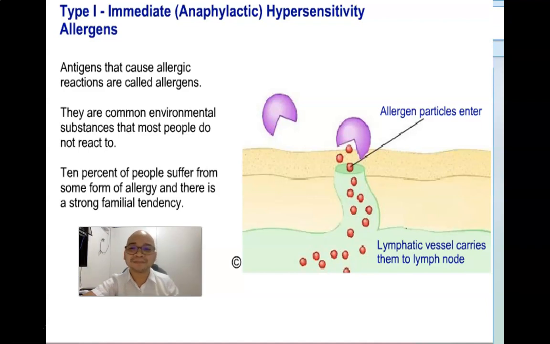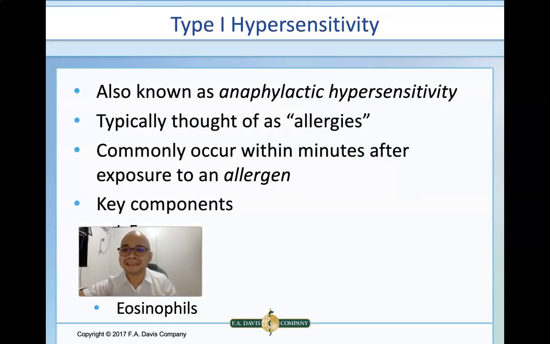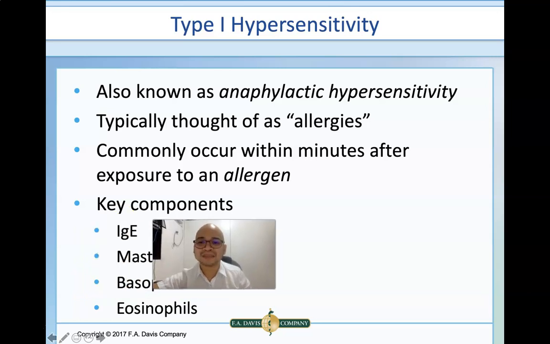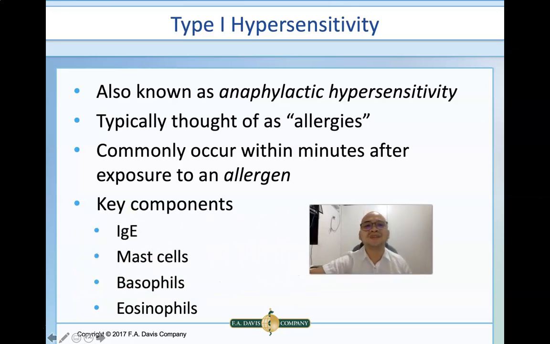So type 1 hypersensitivity reaction, as I told you, is also known as the anaphylactic hypersensitivity, commonly known as allergies, and it is due to exposure to various allergens. Now, there are several key components of type 1 hypersensitivity reaction.